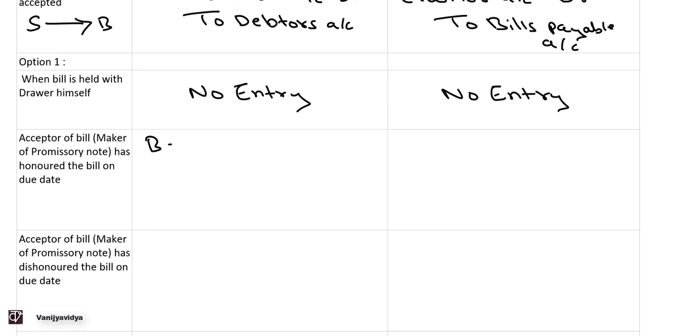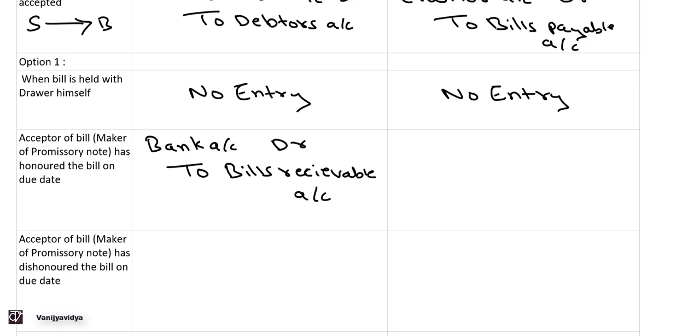So bank account debit, to bills receivable account. So that payment is received against that bills receivable, so we are crediting that bills receivable account.